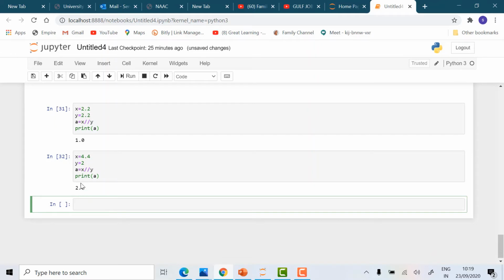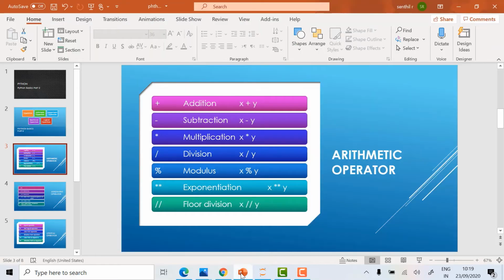That's why it's called floor. With x slash slash y, you will not get a decimal value. So this is Python basics for arithmetic operators: addition, subtraction, multiplication, division, modulus, exponentiation, and floor division.